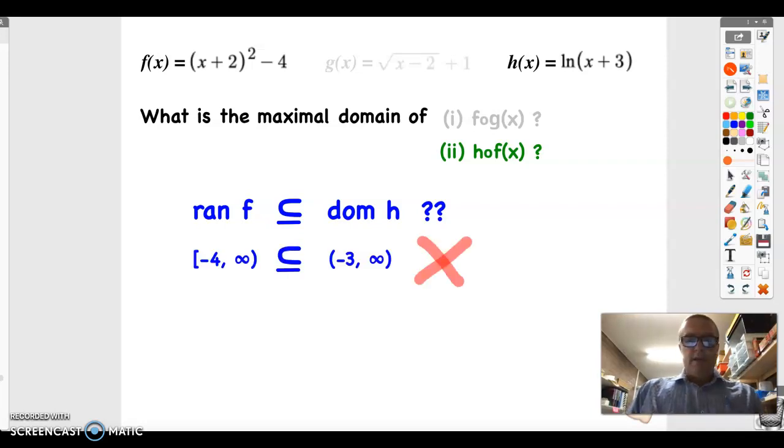So this is a different case, because when we look at the range of the quadratic function, it goes from -4 to infinity. However, the domain of the log function is above -3. So there's an interval there which is not a subset of that domain. So all those numbers from -4 up to -3 would cause a problem for this.